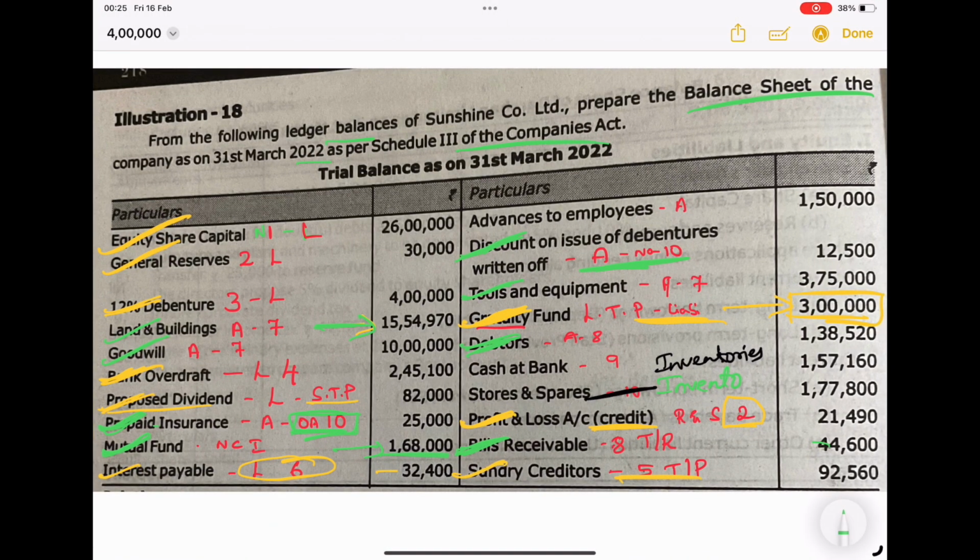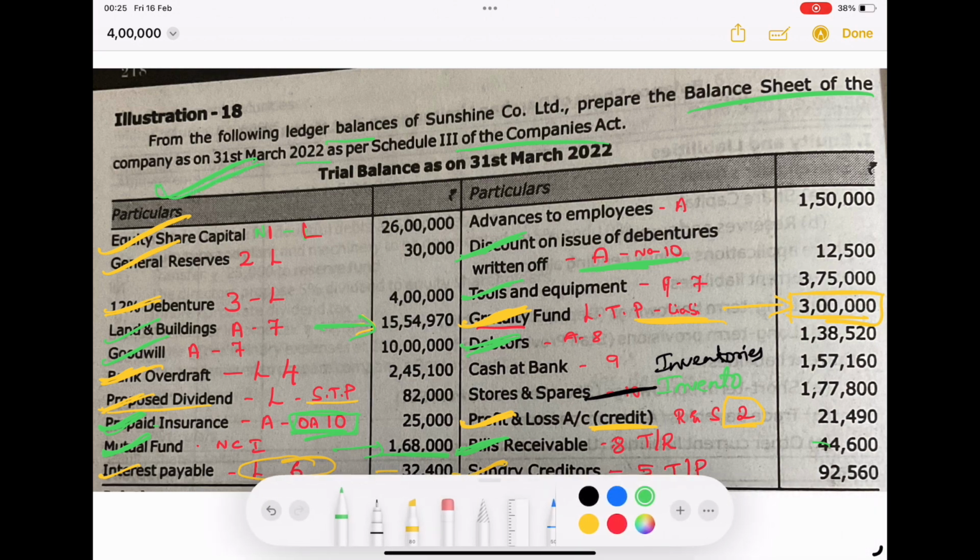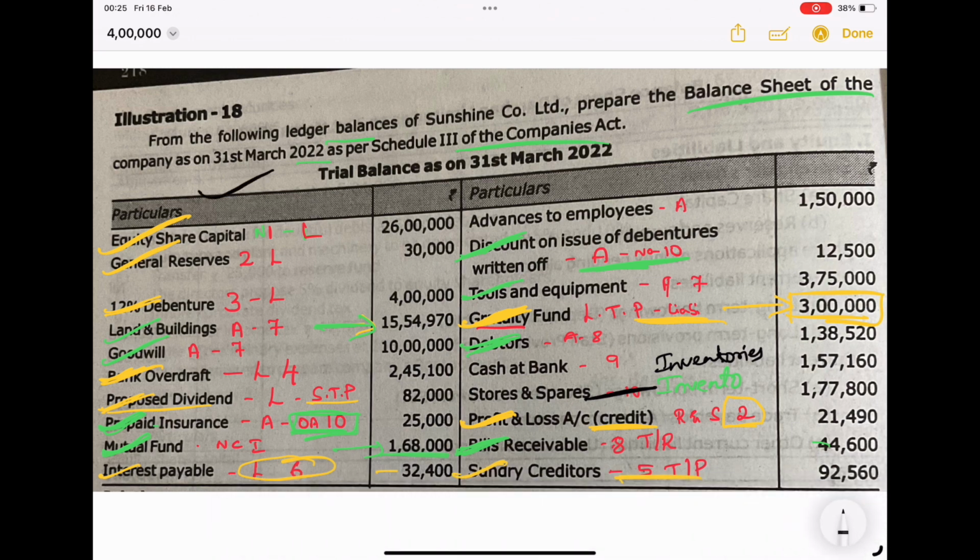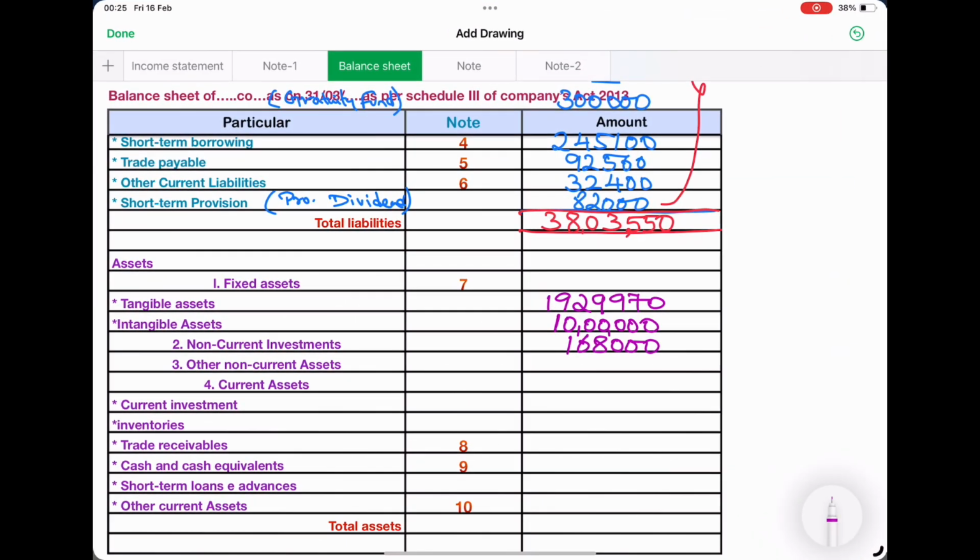Okay, this one is also done. So all the things which they have given in the debit side particulars we have completed. Now advances to employees. These advances to employees will be written under a separate heading, like short term loans and advances.